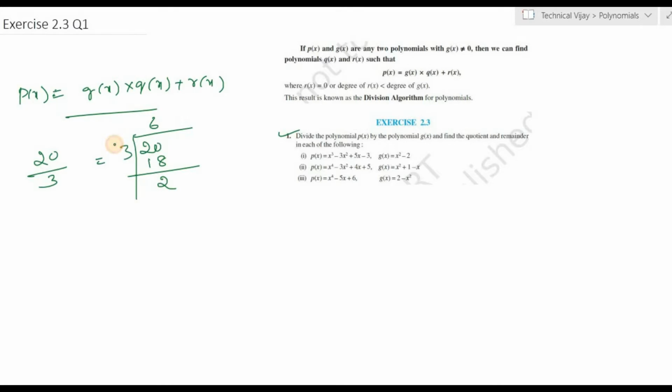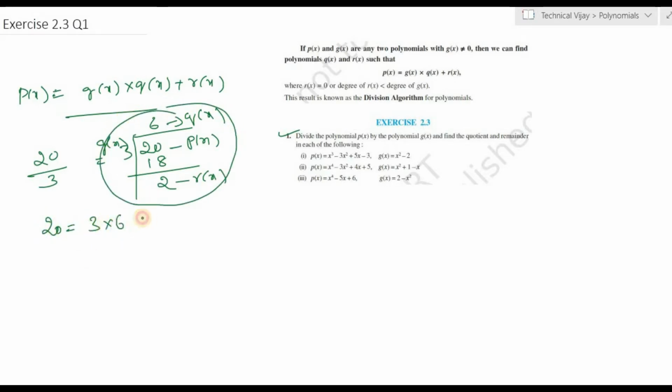So if this is g of x and this is considered as p of x, then this will become the q of x and this will become r of x. So the equation can be written as 20 is equal to 3 into 6 plus 2. In the same way, we can write p of x is equal to g of x into quotient q of x, plus remainder r of x. So in this way we can write.